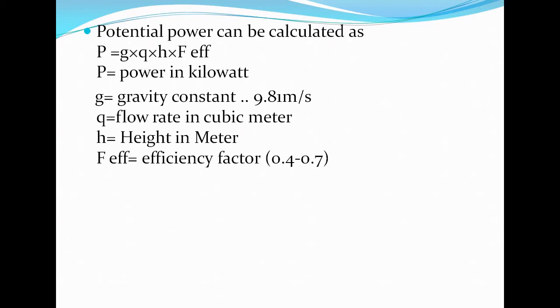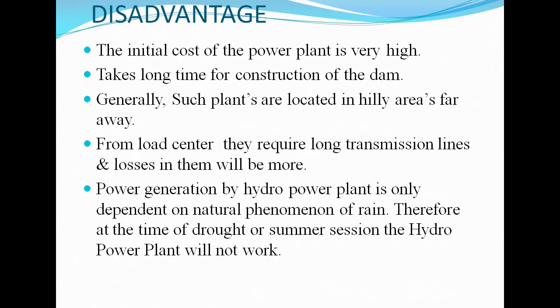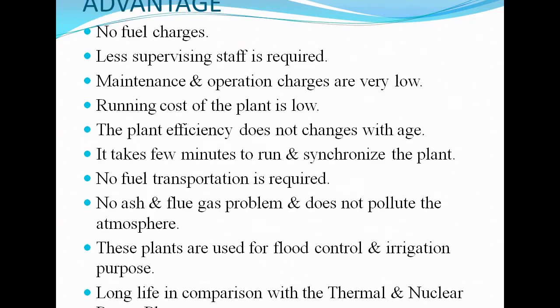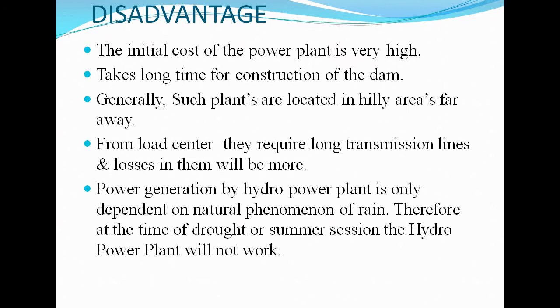Then the power of a hydropower plant is calculated by using this formula. And these are the advantages. There are many advantages as compared with a steam power plant, and these are the disadvantages.